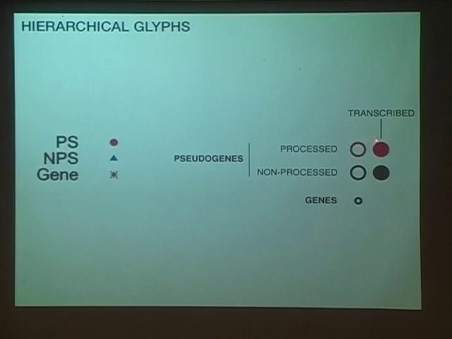And what's happening is that there's actually a hierarchy of information that's hidden from you. There is pseudogenes, and there's genes. Okay, so this is the less important stuff, and yet it looks pretty important because it's a star. And the pseudogenes are either processed or not, and they're either transcribed or not. Right? It's a clear hierarchy.